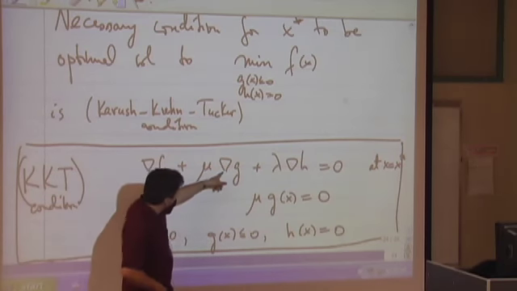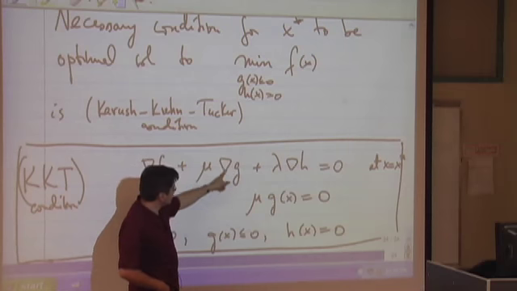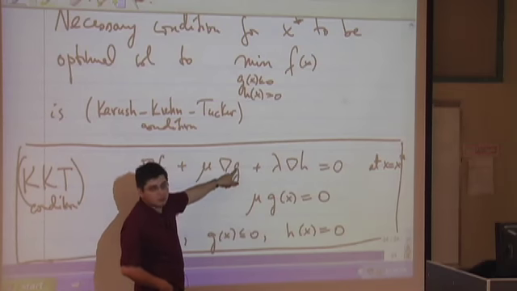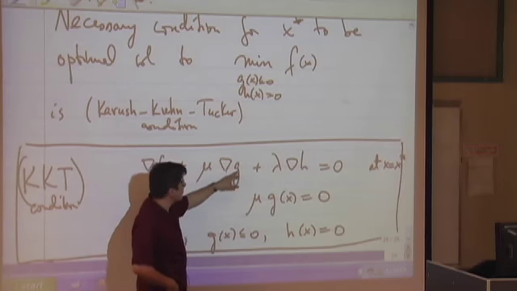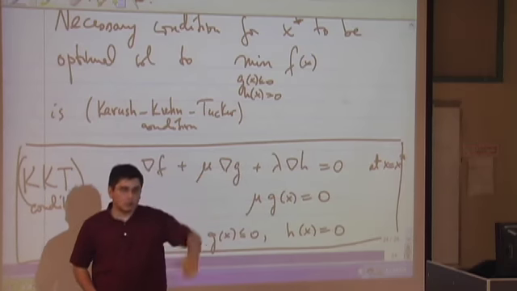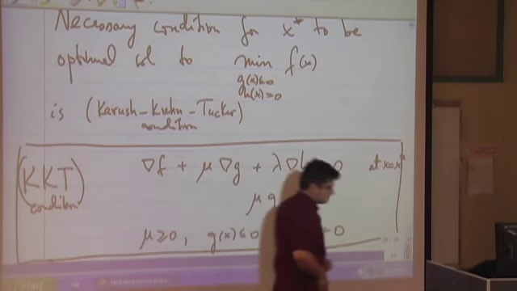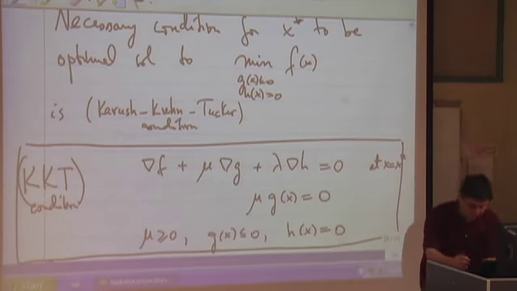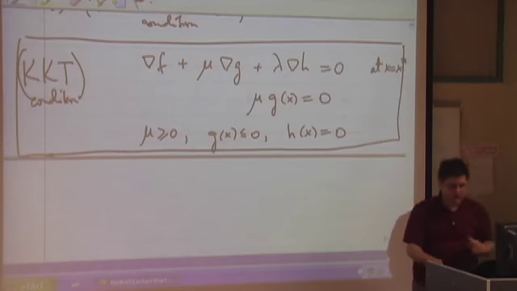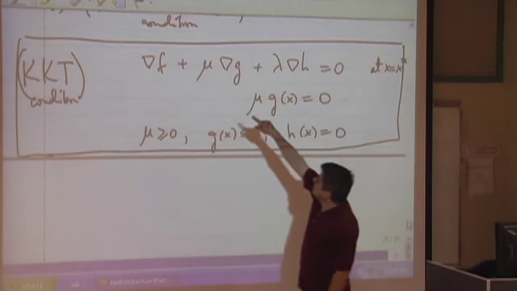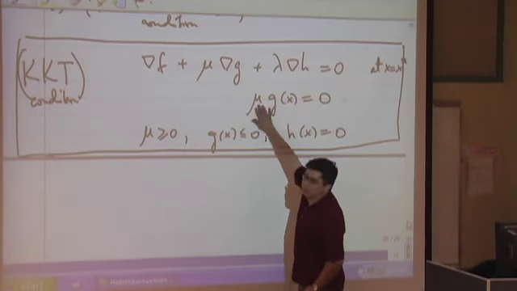Here I have, again, n components, one for each variable. I have a partial derivative. But I also have m inequality constraints, right? Let's write this in an example to make sure that the dimensions match. But here's this kind of extra thing.